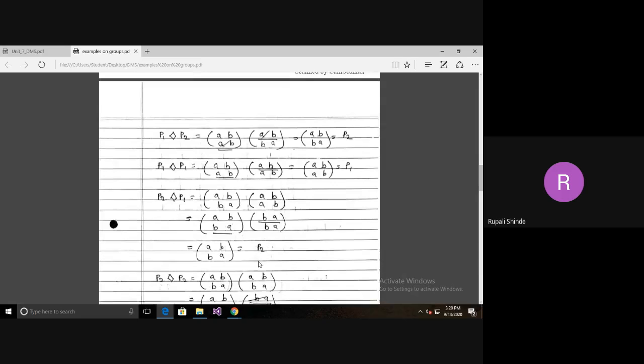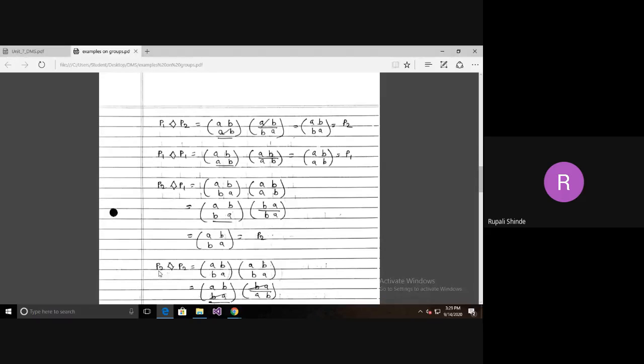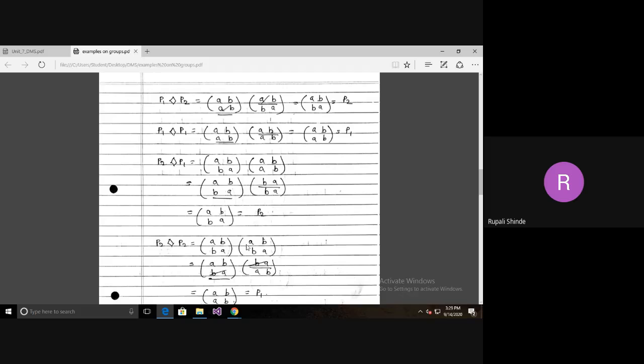Now just one permutation is remaining, and that is P2 with P2. Again the value for P2 is ABBA. The same value we have to take because the second permutation is P2 only, ABBA. Again we have to make the second and third elements the same. BA is the second element, so the third element should be BA only.